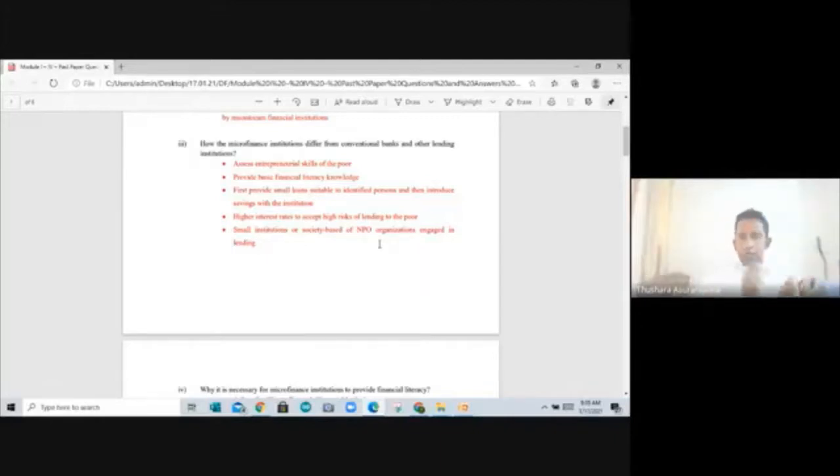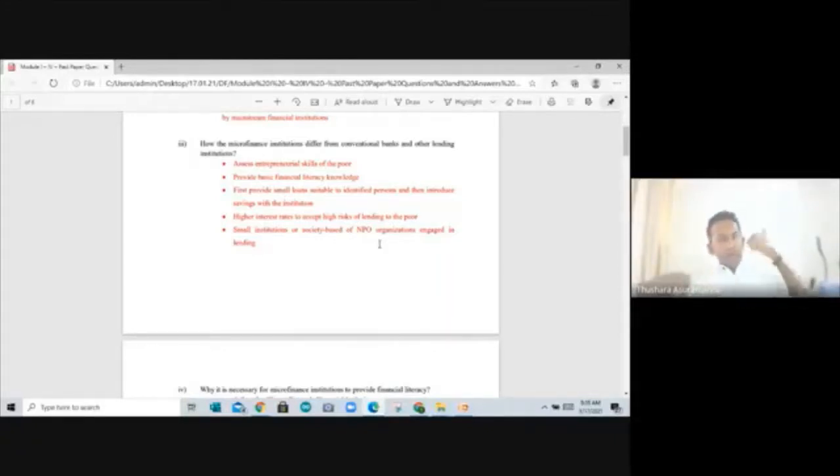So how does it differ? First, assess the entrepreneur skills of the poor. In microfinancing, they assess the skill, capacity and capability. That's why we talk about team working, grouping, financial literacy, saving habit, leadership and all that.